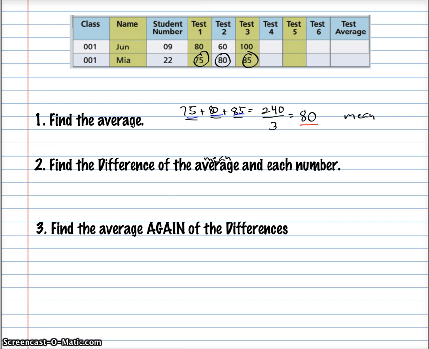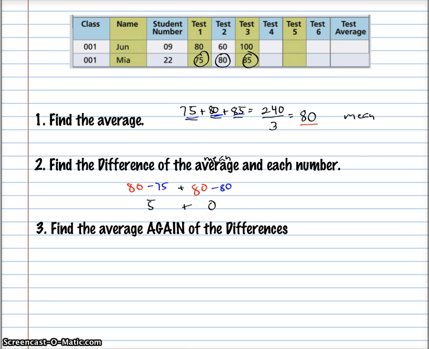So we'll do 80 minus 75, and I just want the positive value of this, whether it's positive or negative. 80 minus 75 is 5. I'm going to add that to 80, my average, minus the next number, which is 80. 80 minus 80 gives me 0.